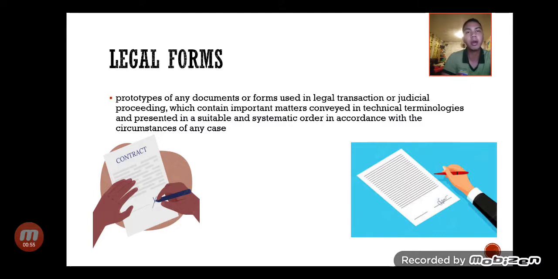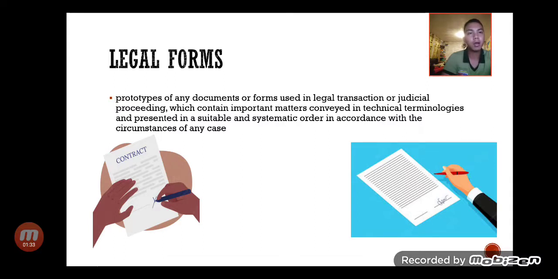case. So ang legal forms, there are two types of legal forms. Ang business forms and judicial forms. So under the business forms are deeds, contracts, these are used in order to execute legal transactions, that is why ang mga deeds and contracts and the like belong to legal forms and fall under the business forms.